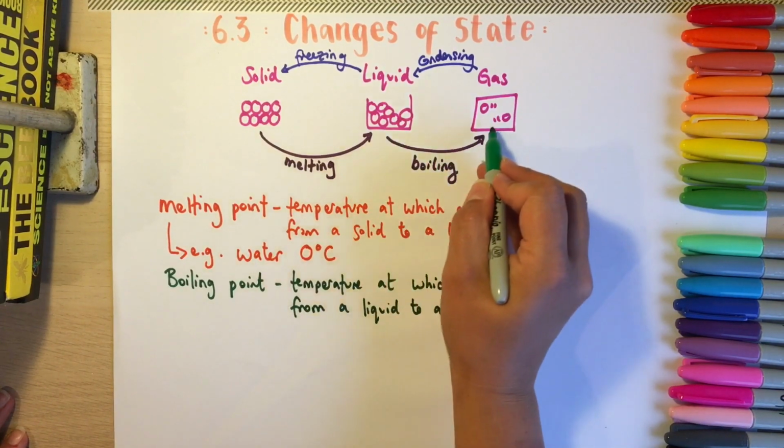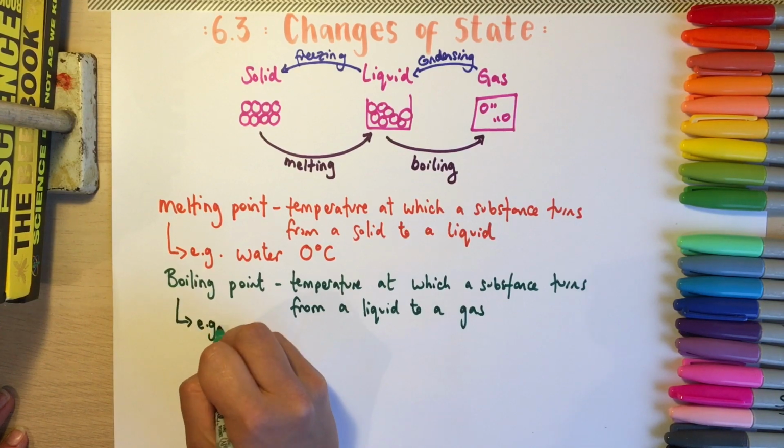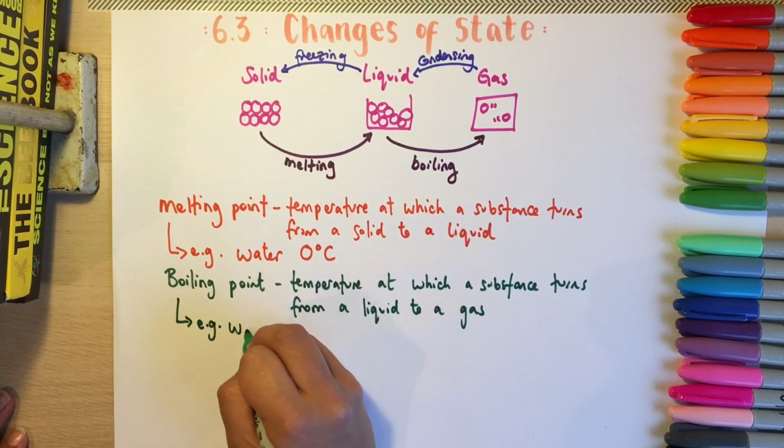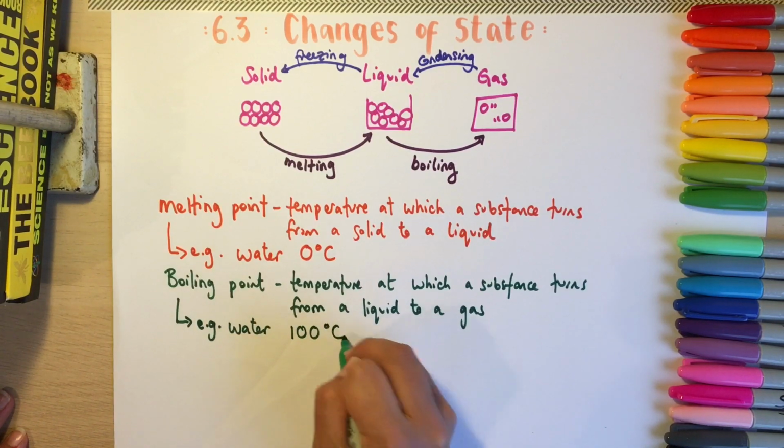So it's the temperature at which it turns from a liquid to a gas. So if we think about the example that we've just talked about with water, water boils at 100 degrees Celsius.